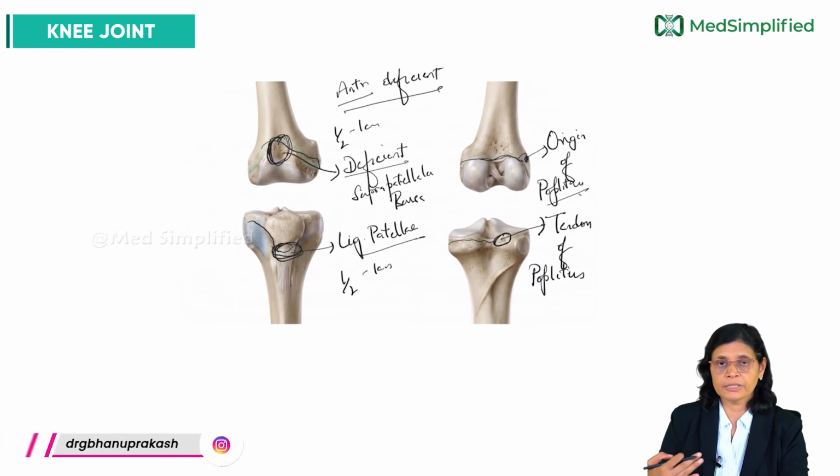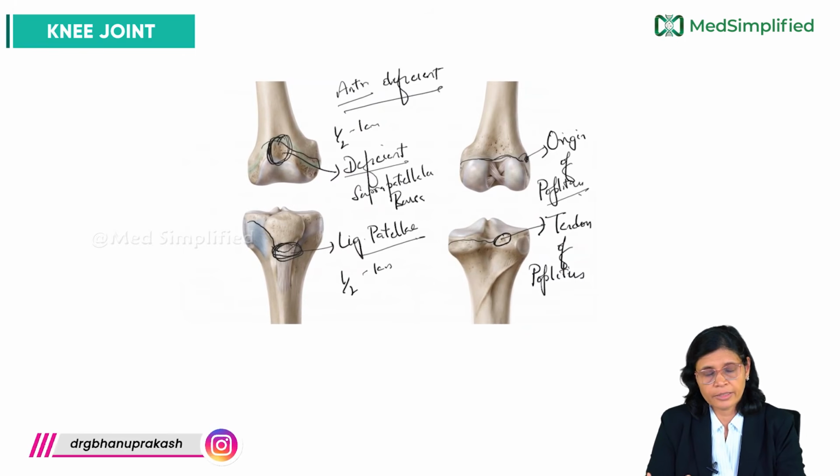So this is about the capsule. The capsule is basically deficient anteriorly, on the anterior surface of the femur, where it is replaced by the patella, the quadriceps femoris muscle and its tendon, as well as the ligamentum patellae and the medial and lateral retinacula of the patella.